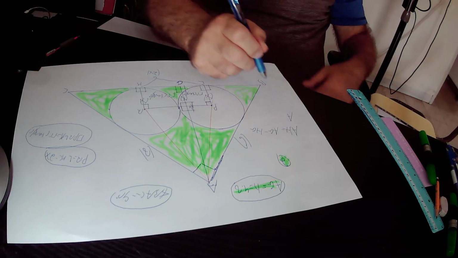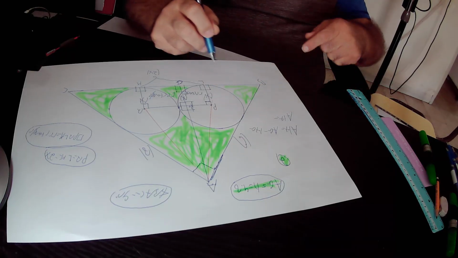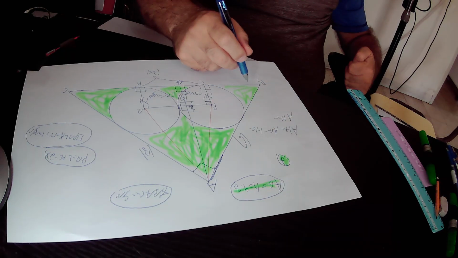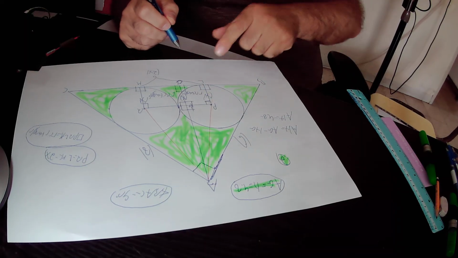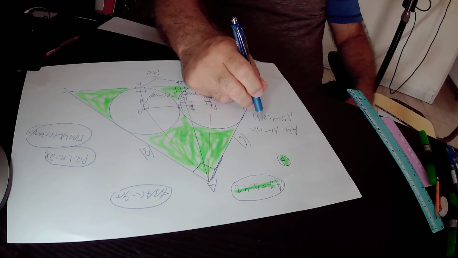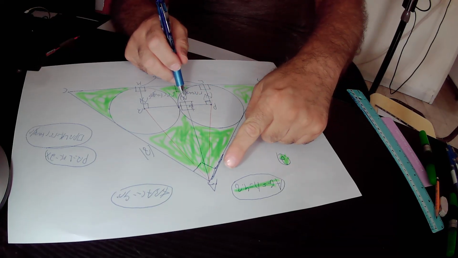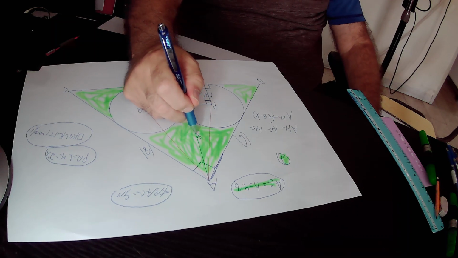So the missing line segment AH equals AG, that is 4.8, minus HG. HG is X. So in total we found out that the missing line segment AH is equal to 4.8 minus X units in its length.